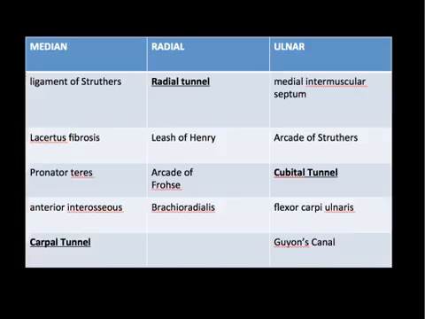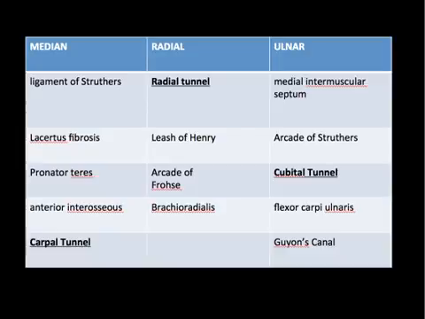So we should have theoretically been talking about all 3 nerves this week. Carpal tunnel takes the cake as far as being the most prevalent of all of our peripheral nerve issues.